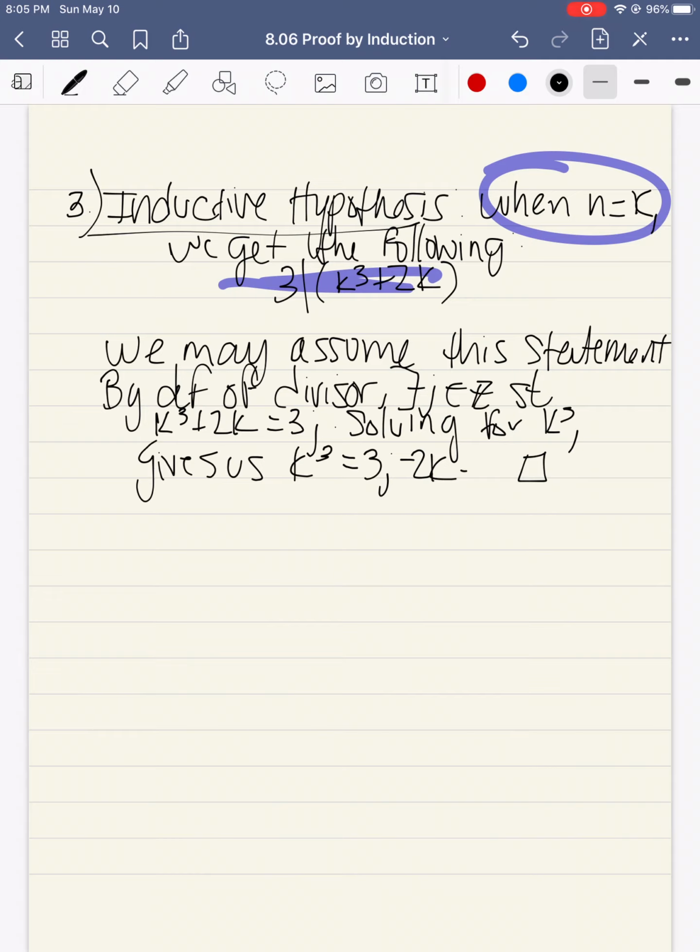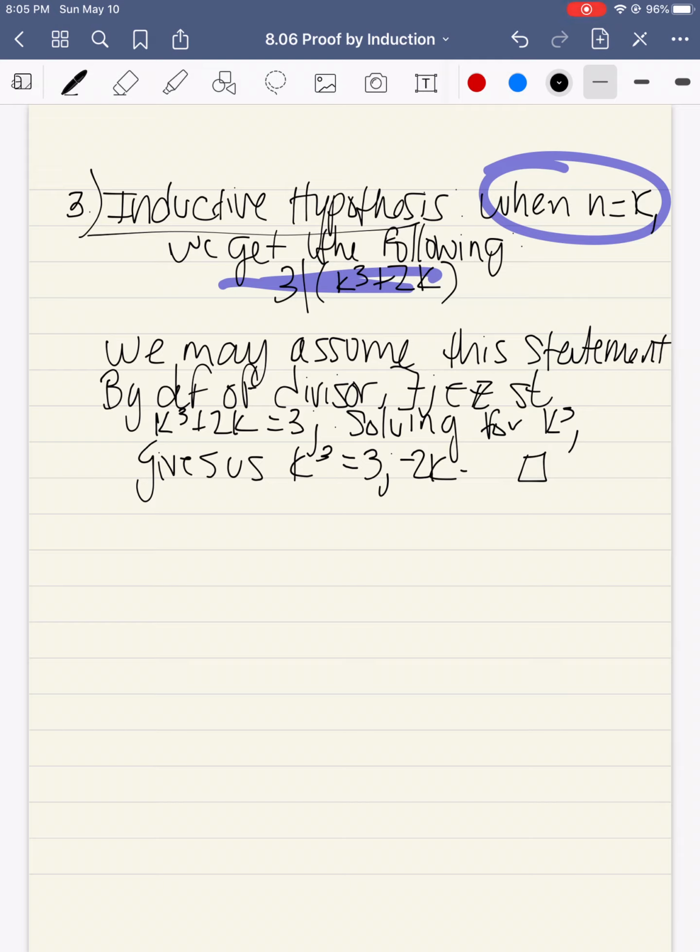So my advice to you is essentially, the inductive hypothesis is going to be the same. We just know that when n is equal to k, we just make the substitution. And the solving part is kind of the strange part because you might not know exactly what to solve for.